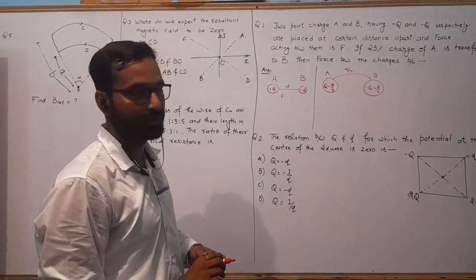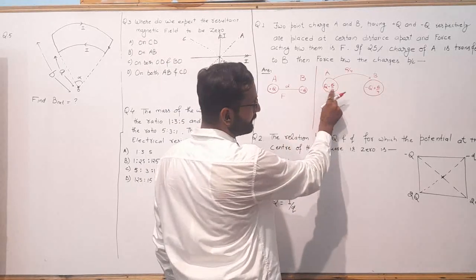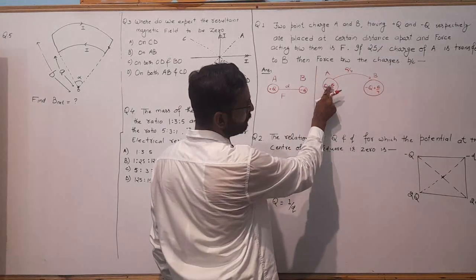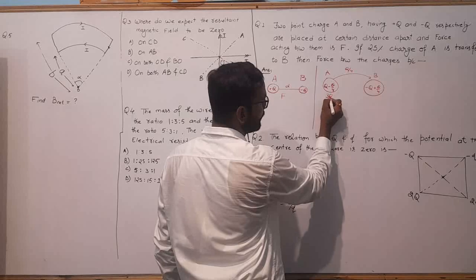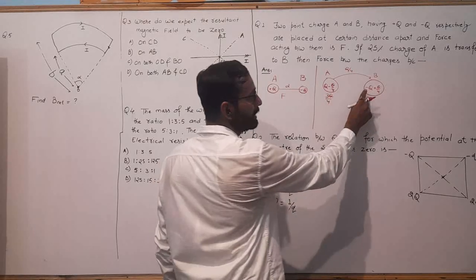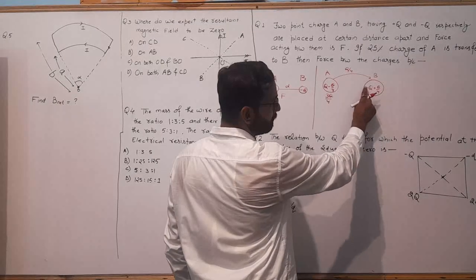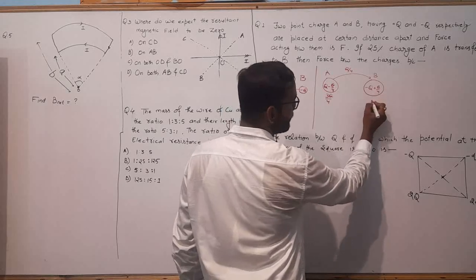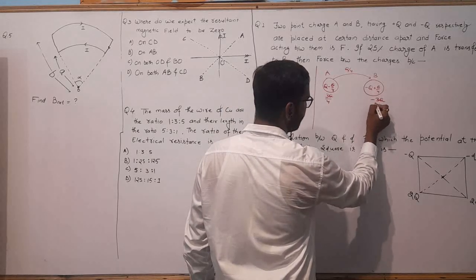Taking the LCM, the new charge of A becomes 4Q minus Q, that is 3Q by 4. And for B, taking LCM 4, minus 4Q plus Q, that is minus 3Q by 4.